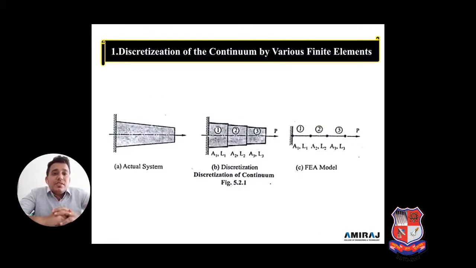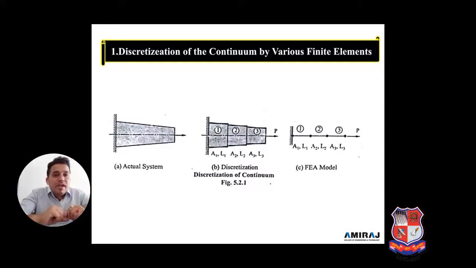The first step is discretization of the continuum by various finite elements. Now, what is discretization? As per the figure, A is the actual system, meaning we have a cantilever beam which is tapered.